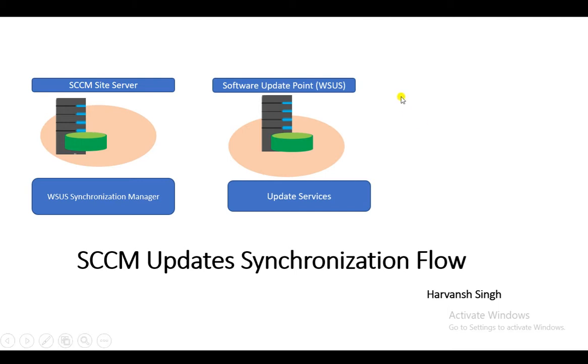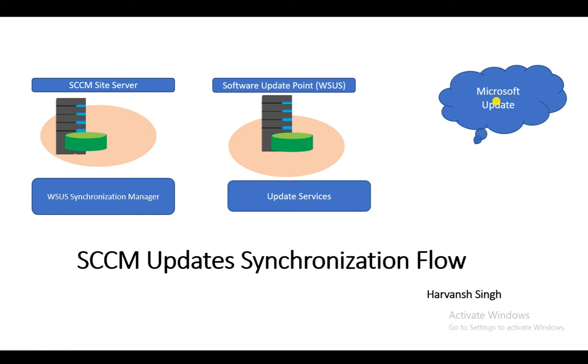Here is one SCCM server and here is one WSUS server, and here is the cloud from where the Microsoft update is hosted, and my WSUS will reach out to the Microsoft catalog, and from there it will get the patch.